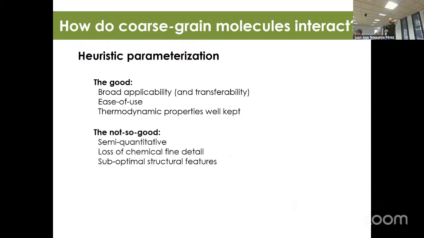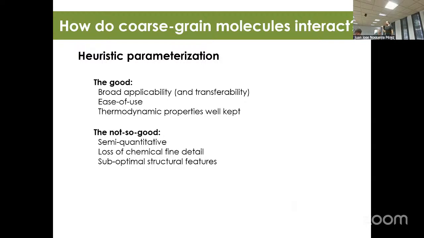All right. What's also good? Well, as with any coarse graining strategy, it's typically semi-quantitative, meaning that you're most likely to get correct trends rather than absolute values. You're going to lose chemical fine detail. I mean, this goes without saying, right? So if you're looking at very specific chiral behaviors at the moiety level, it's going to be a problem.